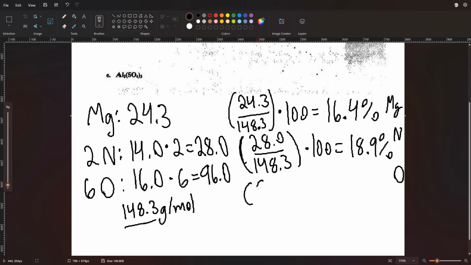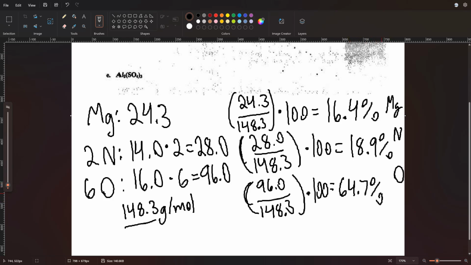So for oxygen, we're going to do 96.0 divided by the total mass 148.3, and then multiply that by 100 and calculate our percentage that way. And that's going to leave us with 64.7% of oxygen.